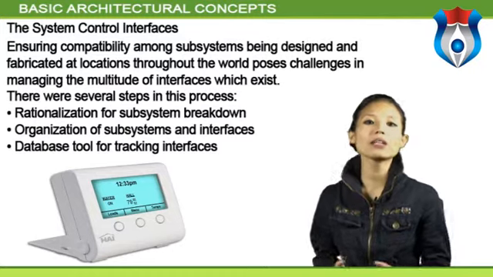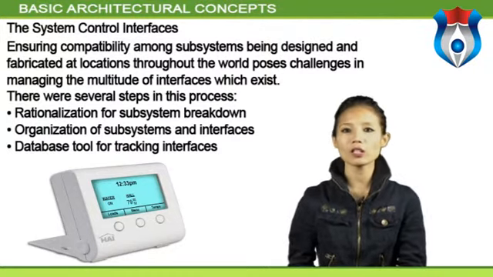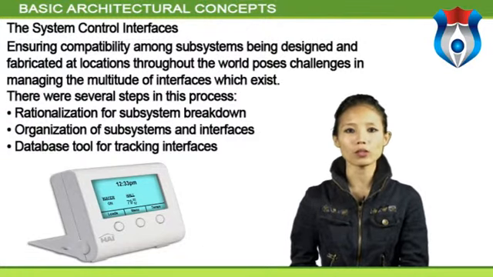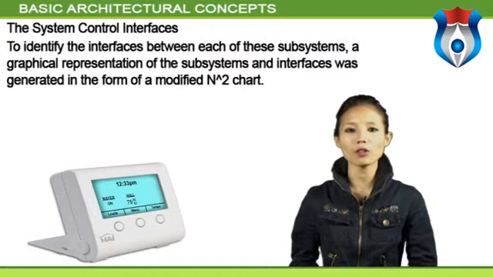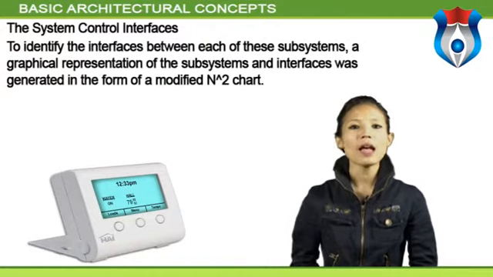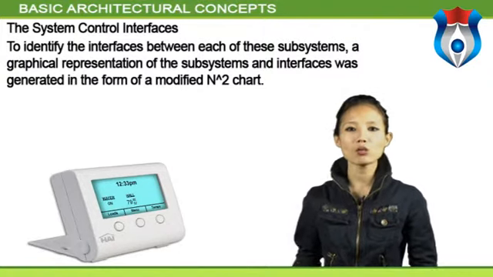Both are to be defined in the interface control documents and drawings, but the priority is placed upon interfaces which cross group boundaries. To identify the interfaces between each of these subsystems, a graphical representation of the subsystems and interfaces was generated in the form of a modified N2 chart.